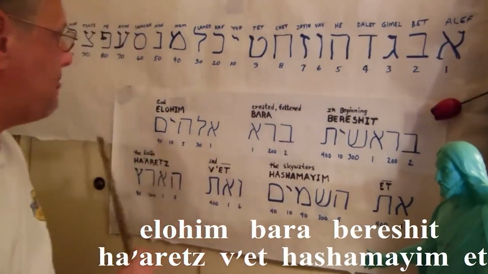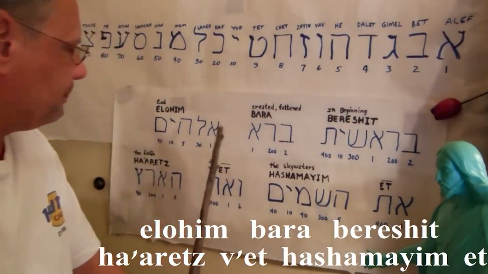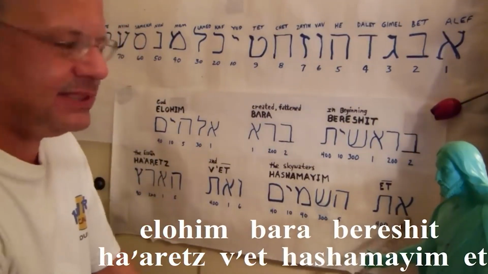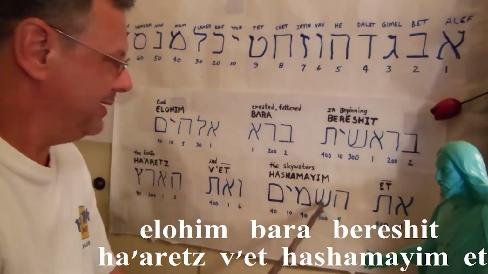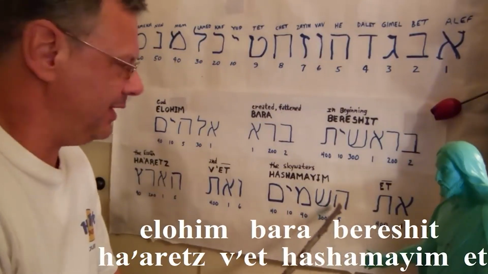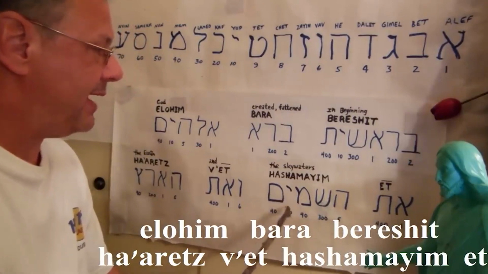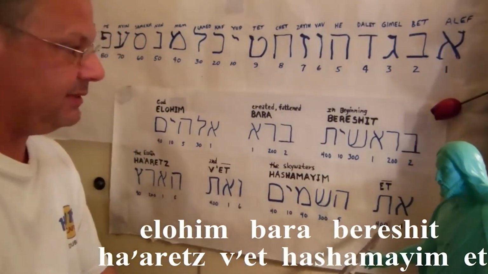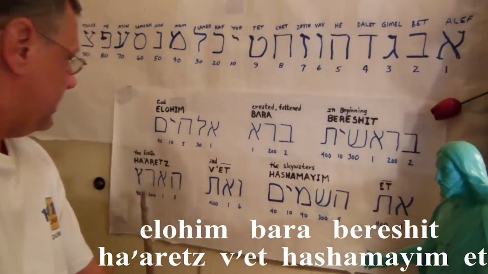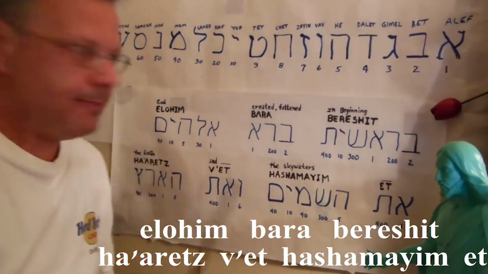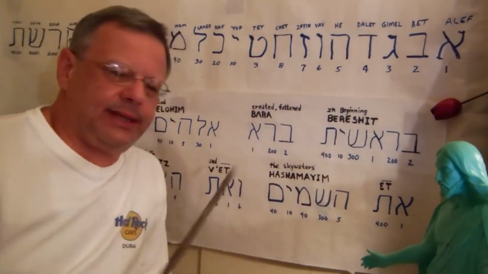El is God, Elohim. Et, this is an untranslatable word. We'll deal with it another time. That's another whole video. Hashemayim, the heavens. Va'et, this is another et, just like this one. It's and, whatever et is. And haaretz, the earth. But Bereshit, let's just look at this one.